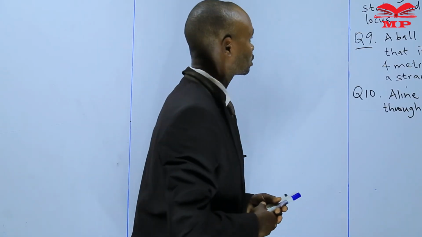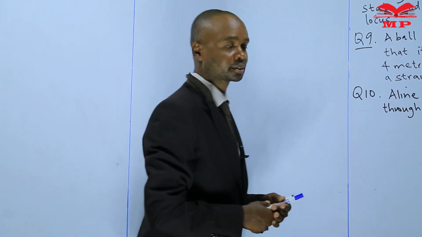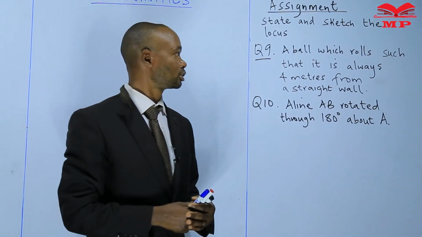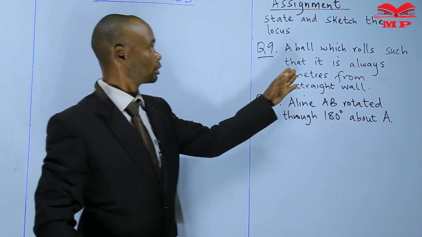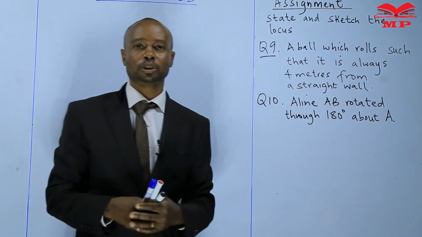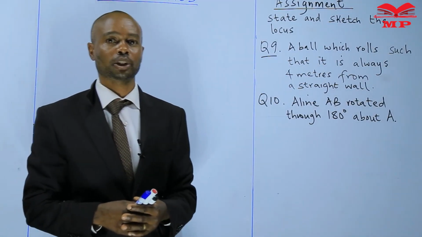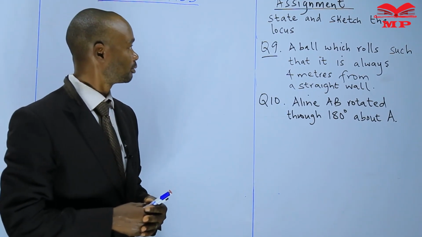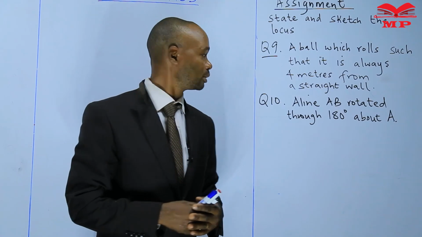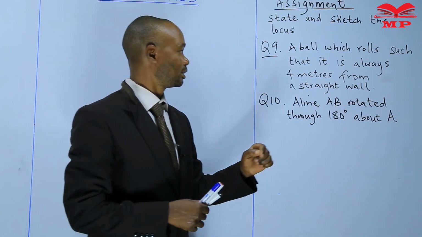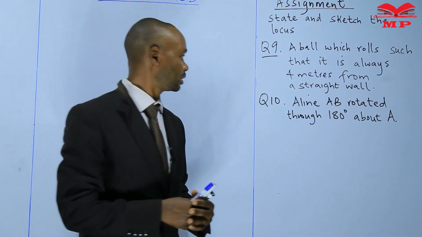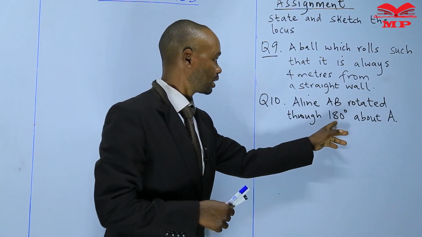In the assignment, question 9 was: state and sketch the locus of a ball which rolls such that it is always 4 meters from a straight wall, and question 10, a line AB rotated through 180 degrees about A.